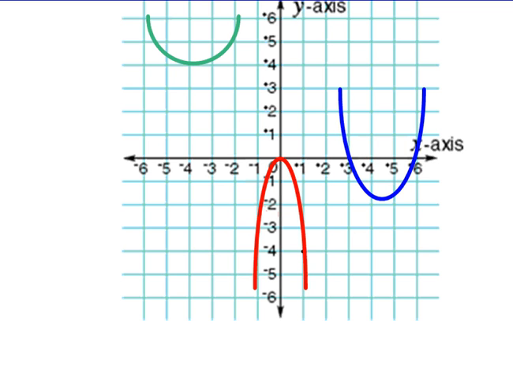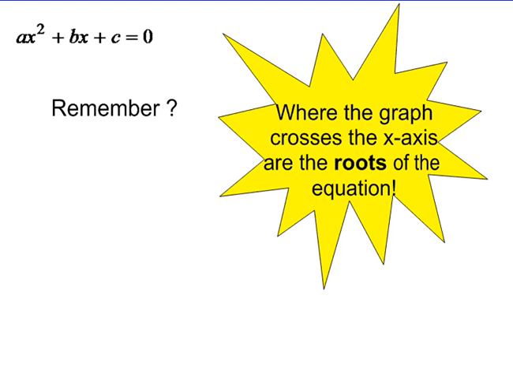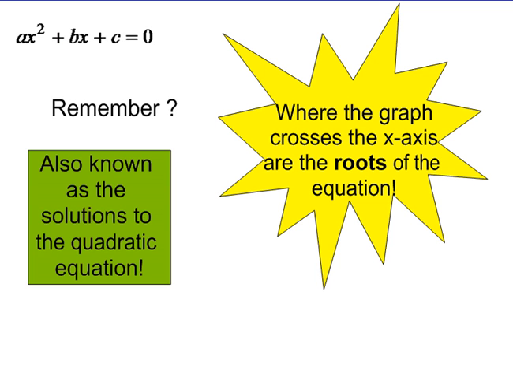Where the graph crosses the x-axis is also called the roots of the equation, and also known as the solutions to the quadratic equation. Even though there's a lot of different vocabulary, we're basically looking for the same thing.